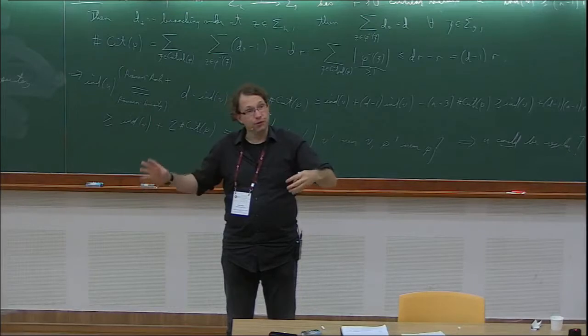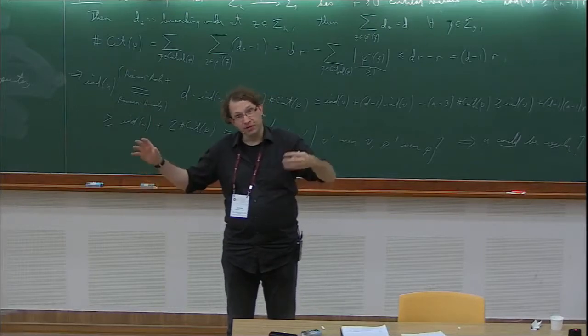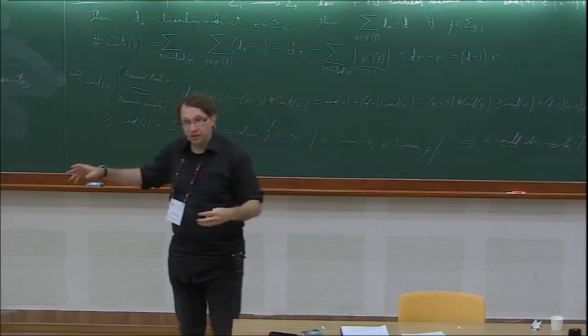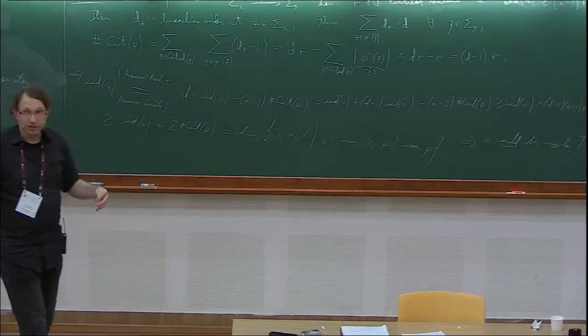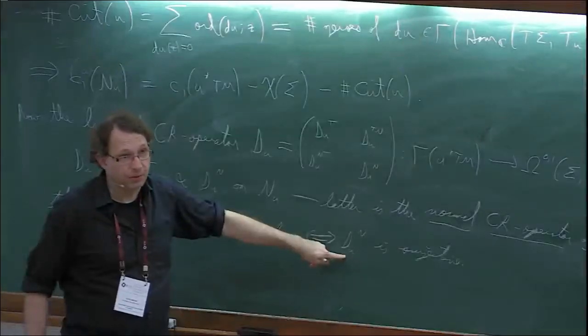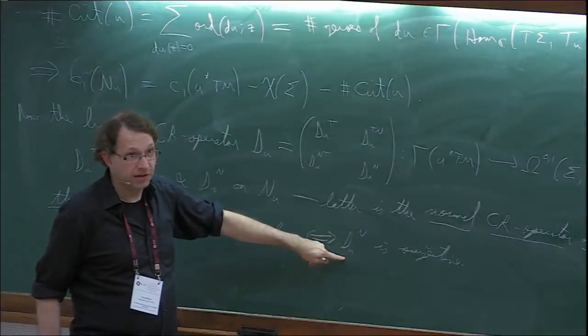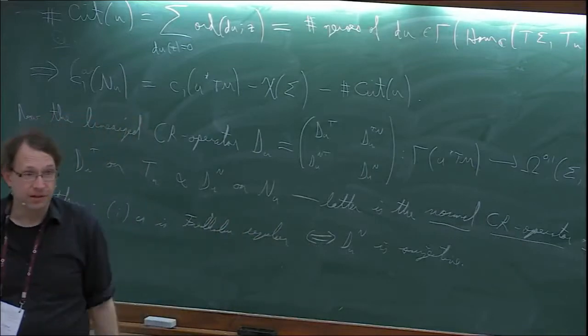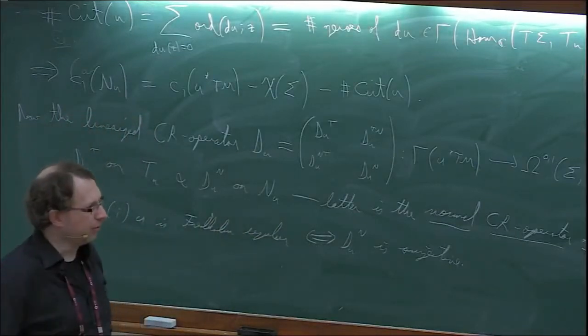You don't get to choose which complex structure you get on the domain. You're just looking for normal perturbations, which are other immersions with J-invariant tangent spaces. So you can set up the nonlinear problem in that way and then linearize it. What you find out is that the linearization of that is precisely this normal Cauchy-Riemann operator. Okay? So that's why surjectivity of this thing is equivalent to regularity. To see why it works when you have critical points takes a little more work. I don't want to talk about that.